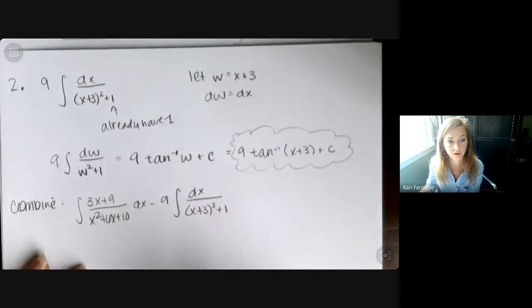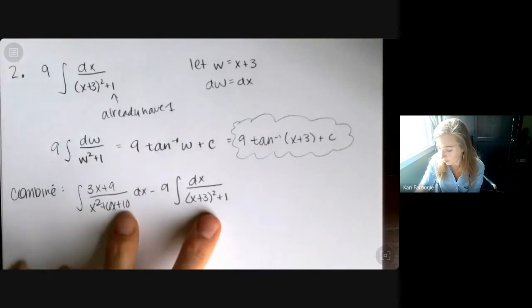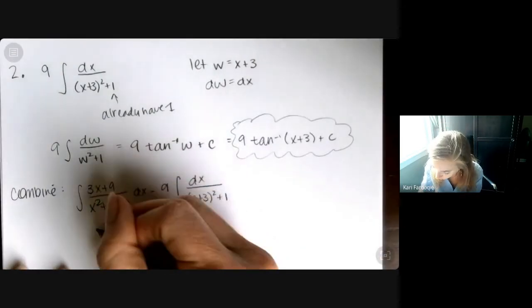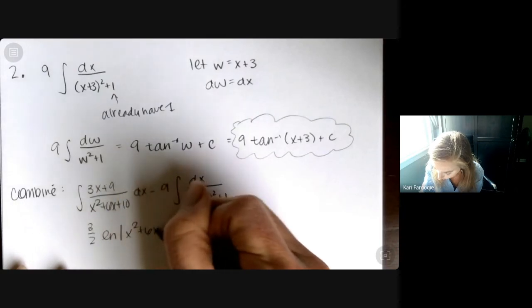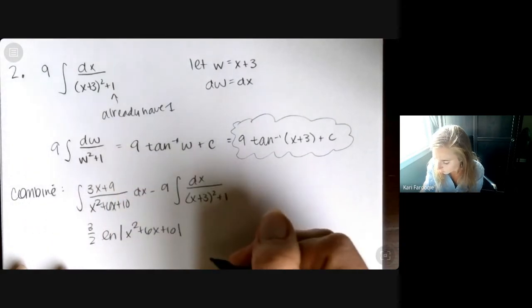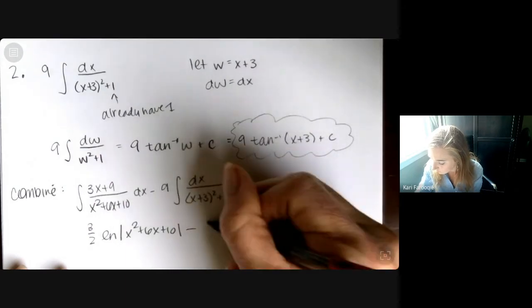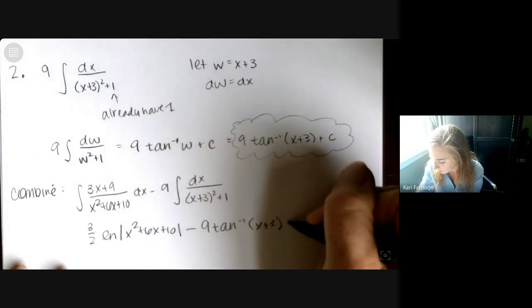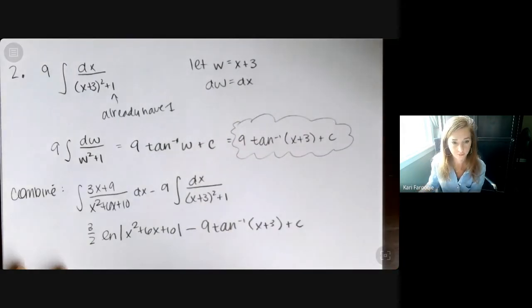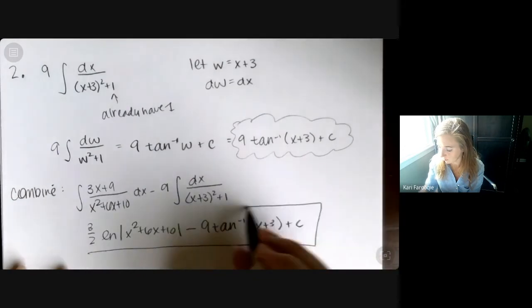Okay, so we have both of these quantities now. The first integral we found was 3/2 ln of x squared plus 6x plus 10. Don't forget your absolute value bars. And then we're subtracting off 9 times the inverse tangent of x plus 3, plus c. Stick a fork in it. It's done.